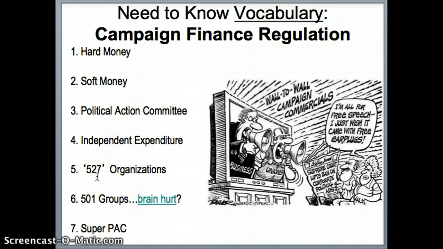527s came out of the McCain-Feingold law, though it wasn't the cause. The McCain-Feingold law didn't specifically say 527s now exist. 527s became the latest and greatest loophole for non-coordinated groups to put out good or bad information about candidates.